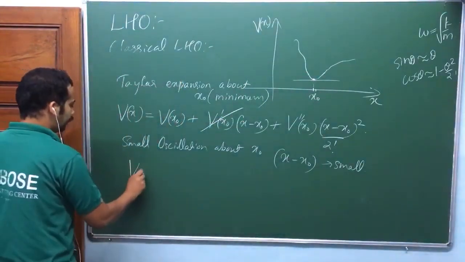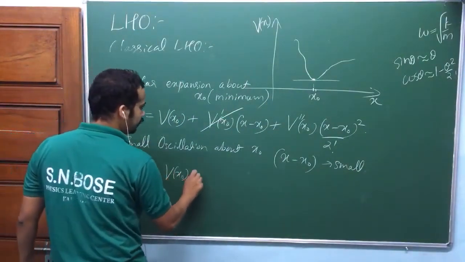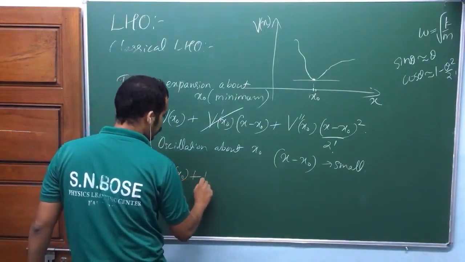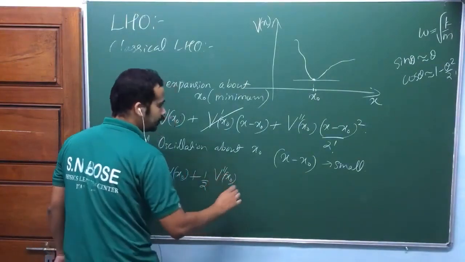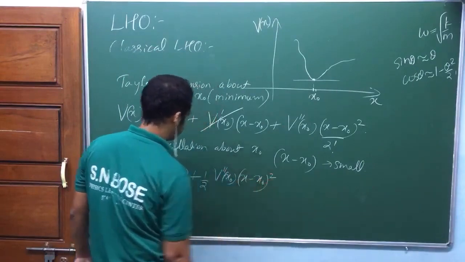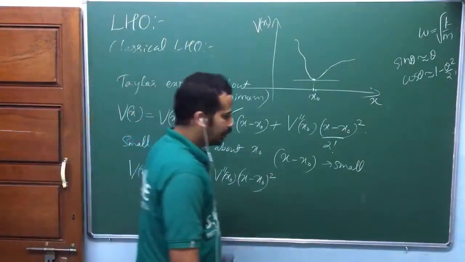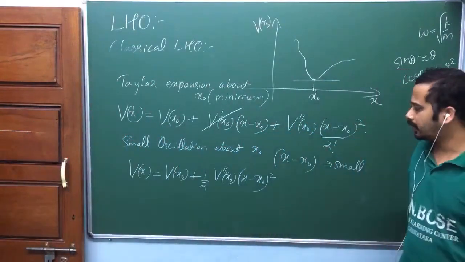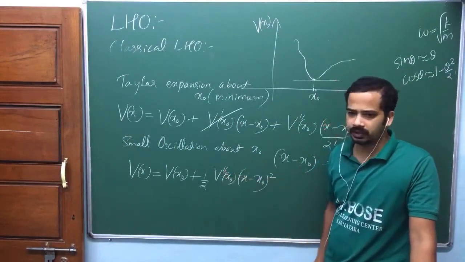Now I got v of x is equal to v of x naught plus half v double dash of x naught into x minus x naught the whole square. 1 by 2 factorial, let me write it as half. Okay. Now, what is this v double dash of x naught? You have to have some idea regarding this. What is the second derivative?